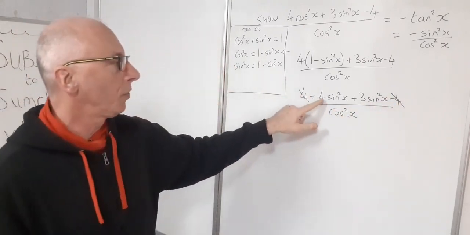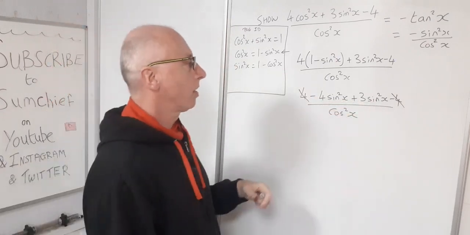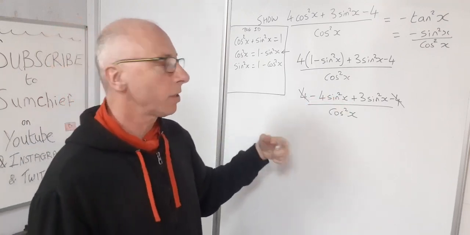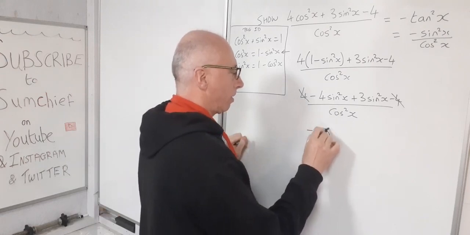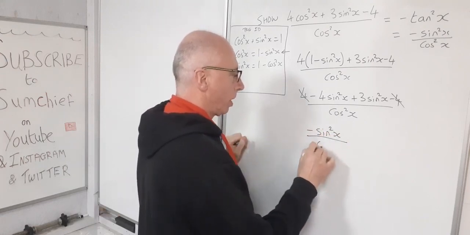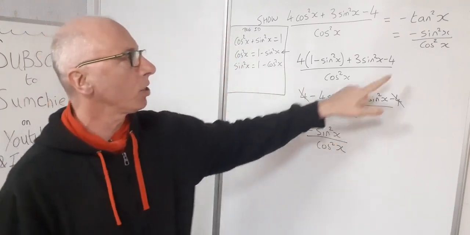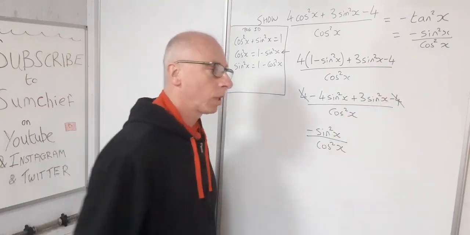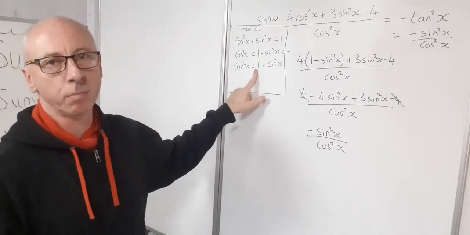I've got minus 4 sine squared x and plus 3 sine squared x. So minus 4 plus 3 is going to give me minus 1. So that's going to give me minus sine squared x. So that is the desired result that we wanted from this. So that one there shows equivalent to what we want here. So that's one way we could do. So let's take this off the board and let's try with this substitution.